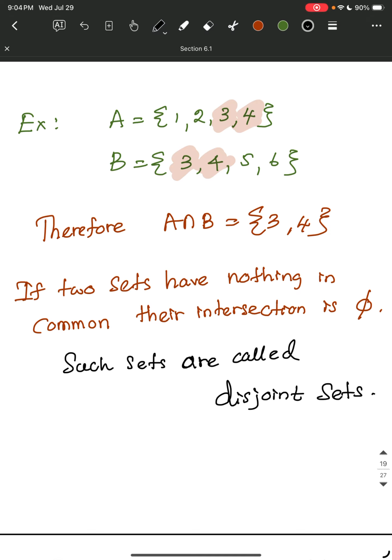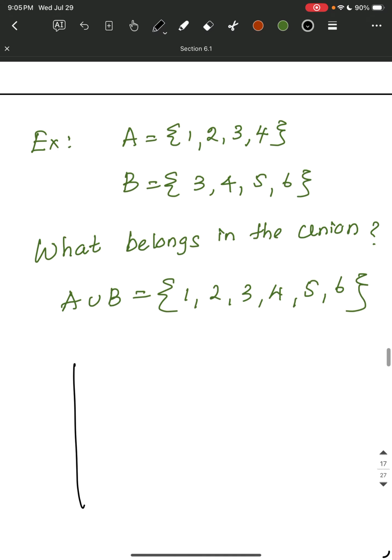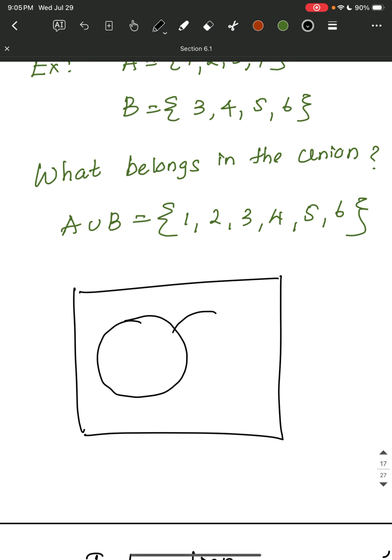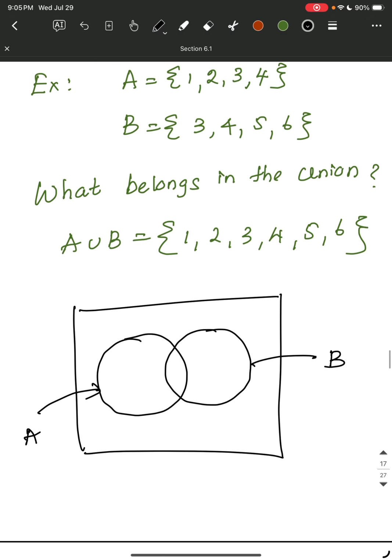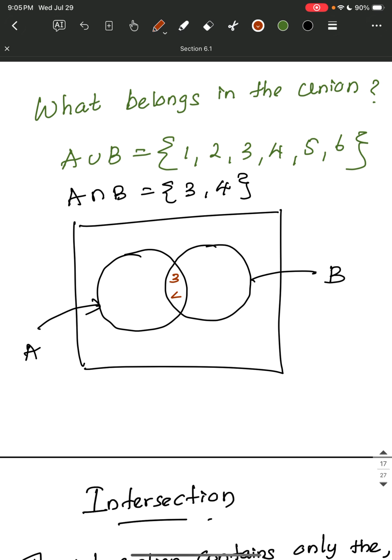Okay, then let's draw the Venn diagram to represent both set A and B. The universal set and two sets A and B. So A intersection B, we found that 3 and 4. Therefore, 3 and 4 must be in the common area.